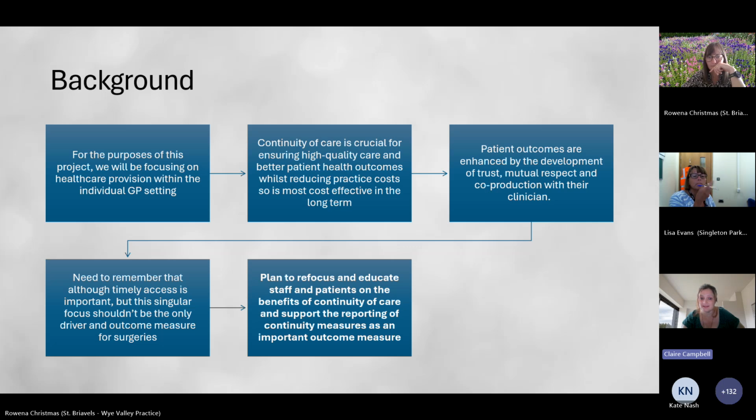Continuity of care leads to better understanding of the patient's ideas and expectations, family circumstances, and the community structure in which the patient is living. This ultimately gives us the opportunity for a therapeutic relationship to flourish, enhancing the overall patient experience.